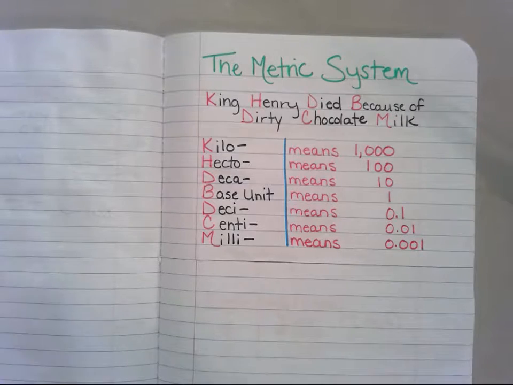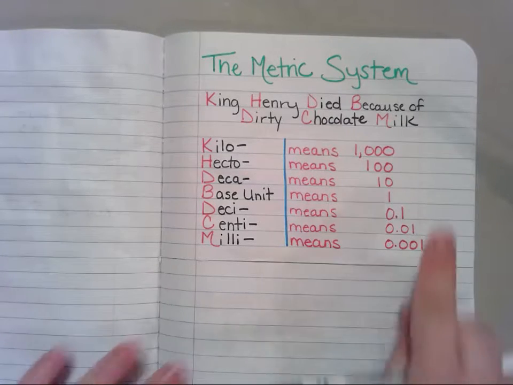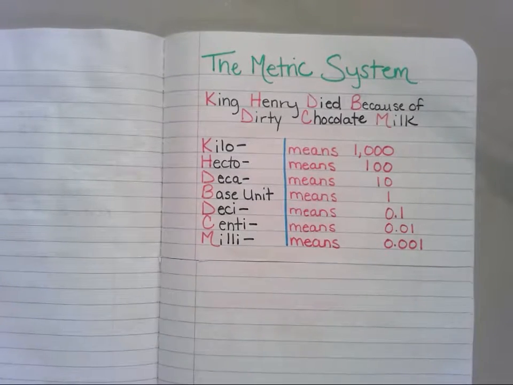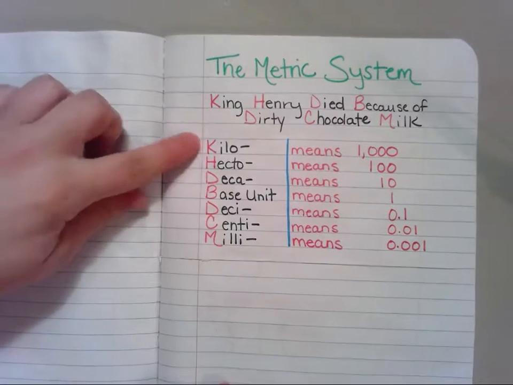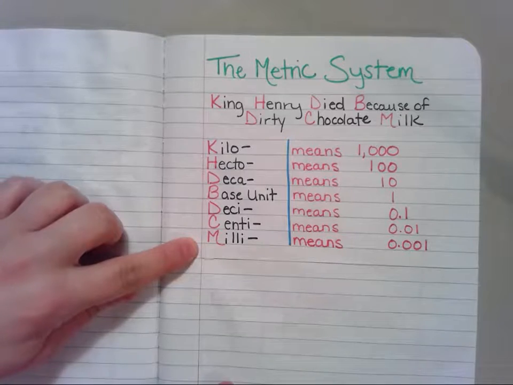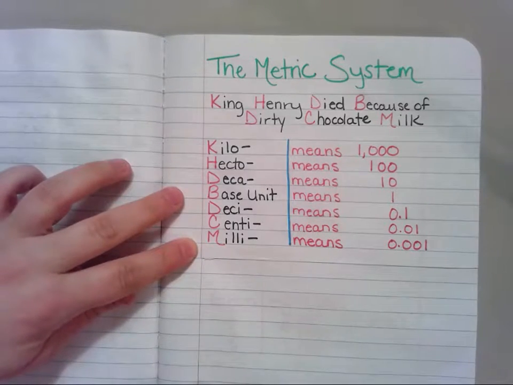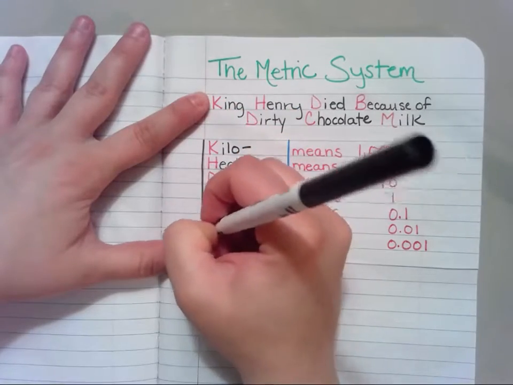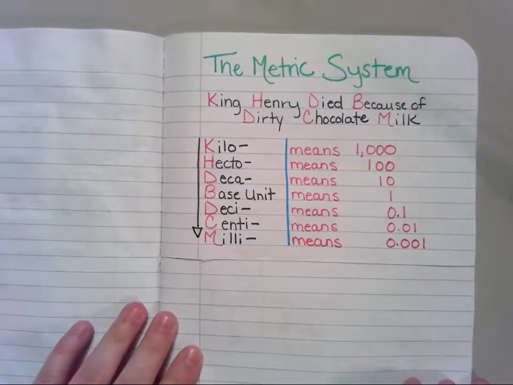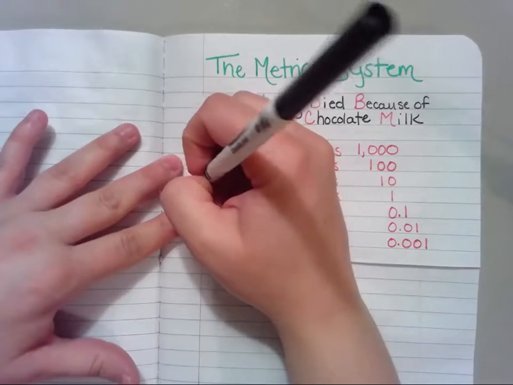Okay, what we're going to do is over here, we're going to tell what we multiply by. Now, when we go from a bigger unit to a smaller unit, we're going to multiply. We do that because in 4th grade, all we have to know how to do is multiply.